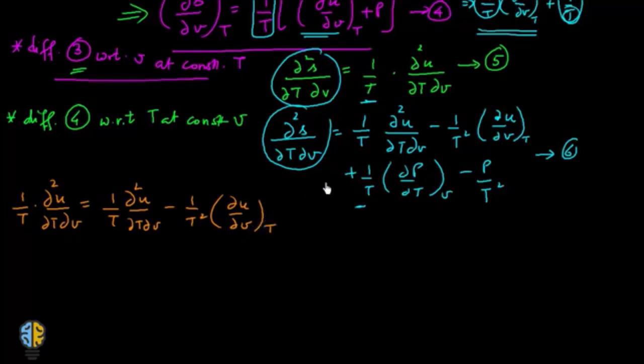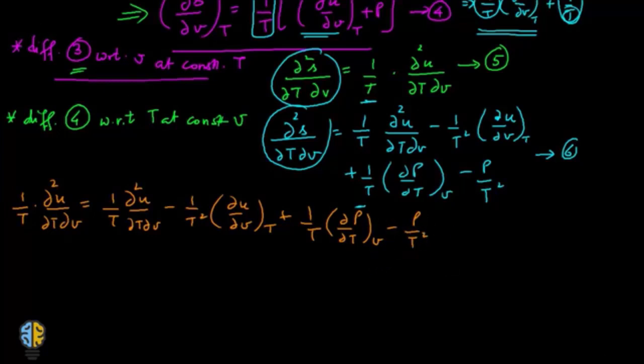Okay, so this is what you have. Now if you move ahead a bit, this would be equal to plus 1 by T into ∂P/∂T at constant volume minus P upon T square is the last term that you would have.